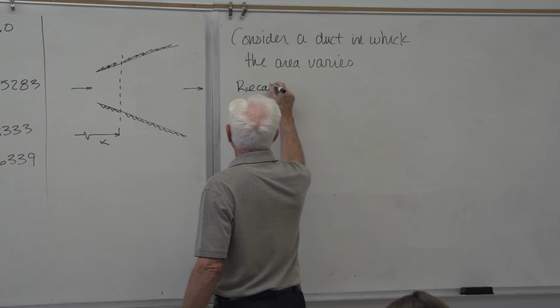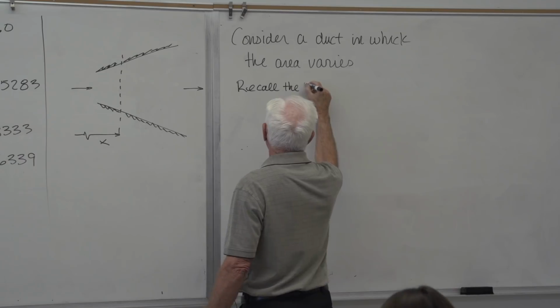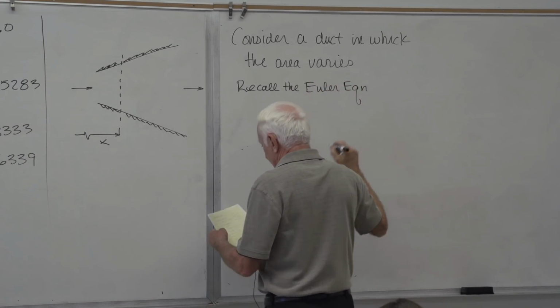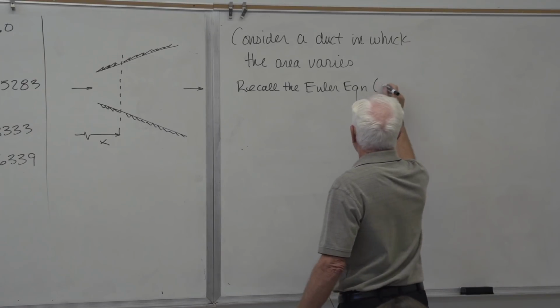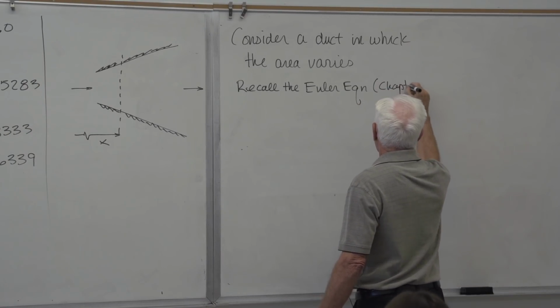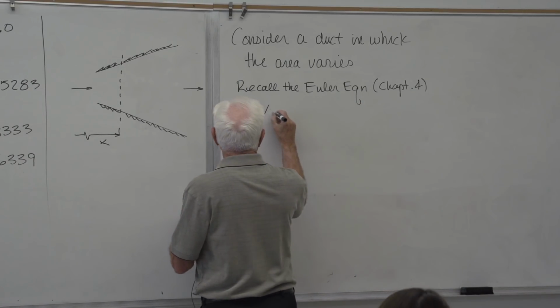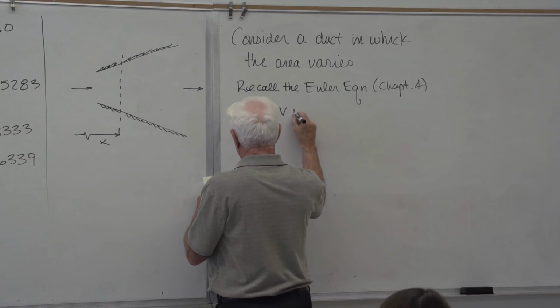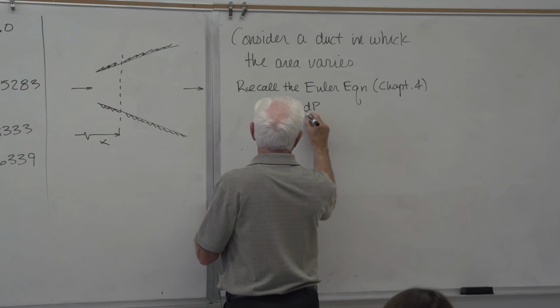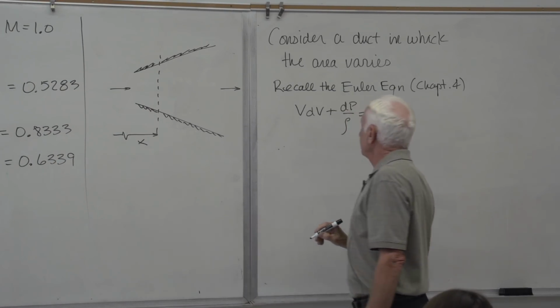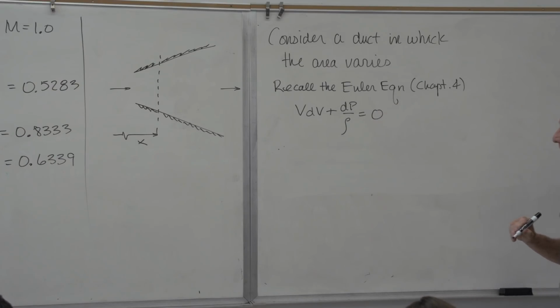Recall the Euler equation. That was in chapter 4 of our text. The differential form of that looked like this: V dV plus dP over rho equals 0.